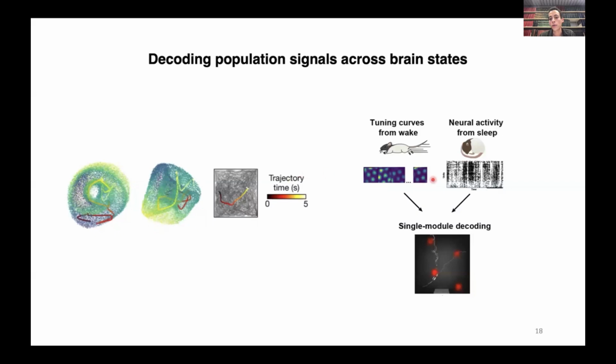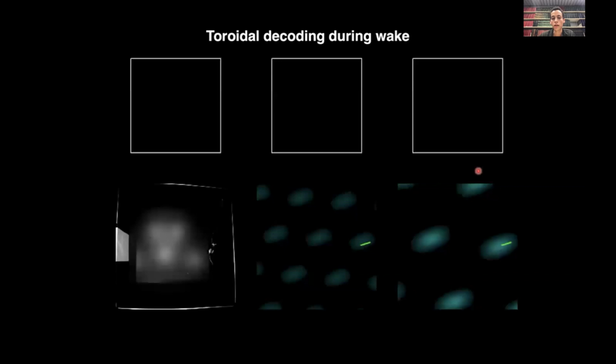So we of course can't compute tuning curves when the animal is sleeping and not moving, but because the manifold persists, we can use tuning curves from wake and neural activity from sleep to decode the represented position during sleep.